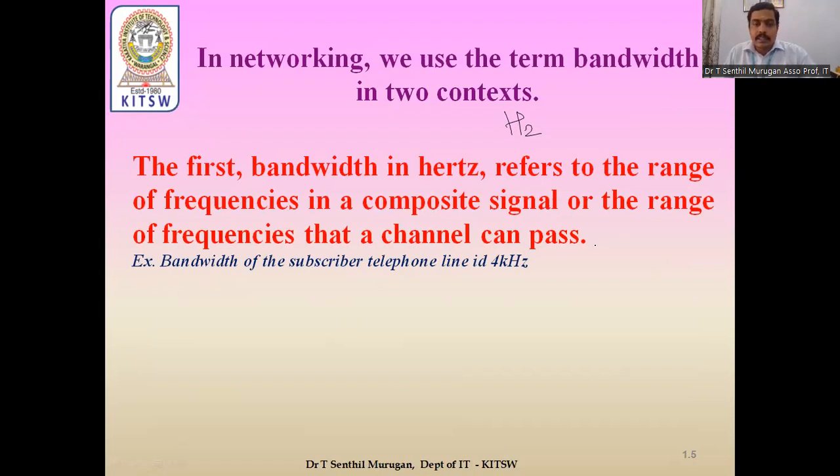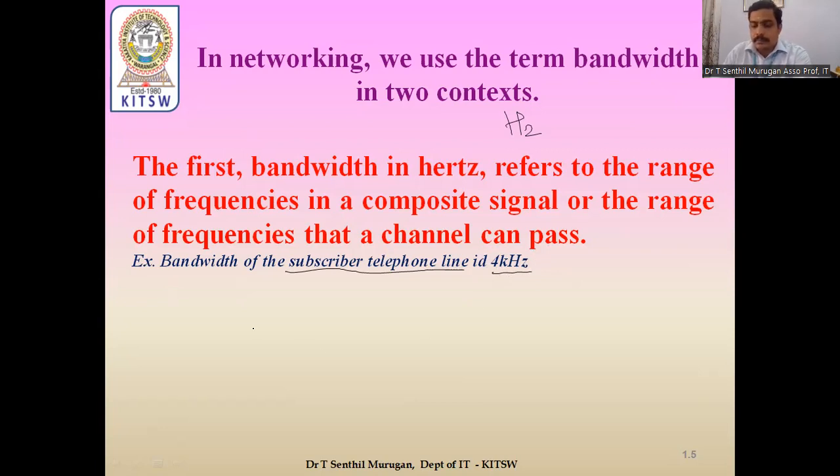For example, the bandwidth of a subscriber telephone line is 4 kilohertz. That means 4000 hertz.